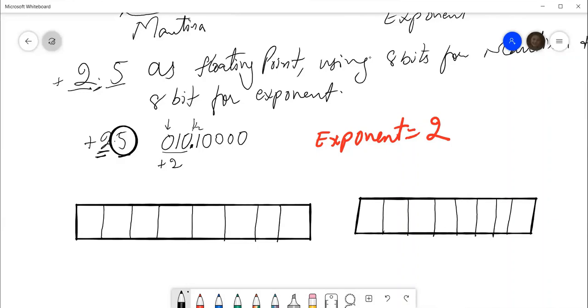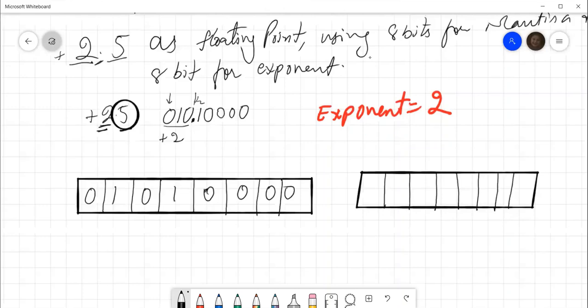The answer we have is 0, 1, 0, 1, 0, 0, 0, 0. I'll fill all with leading zeros.